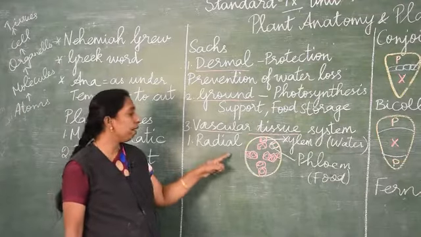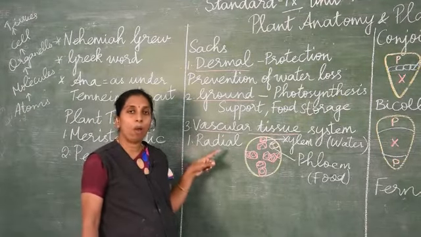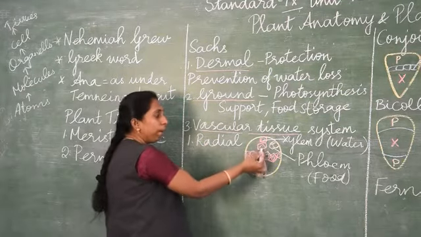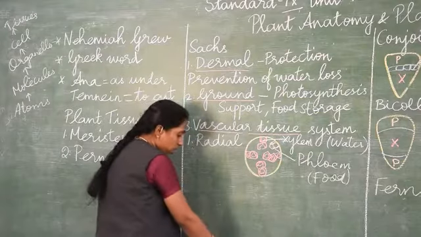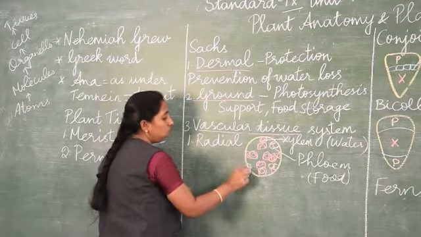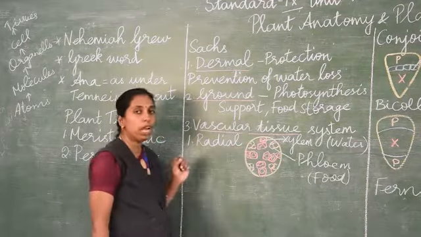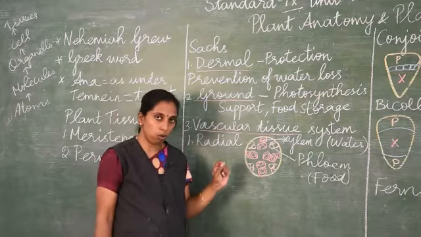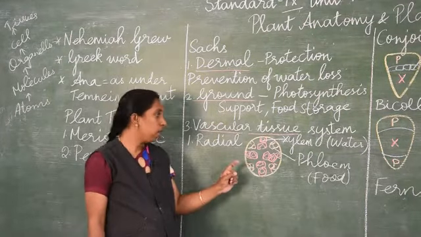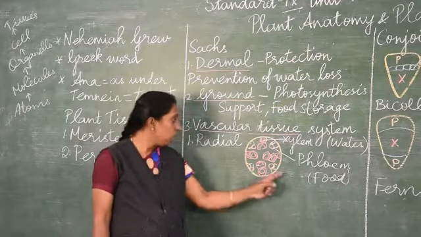First one is the radial vascular tissue system. What is the radial vascular tissue system? Here you can see the pink color I have drawn is xylem, and the orange color I am drawing now is phloem. Xylem will help in the transport of water, phloem will help in the transport of food.